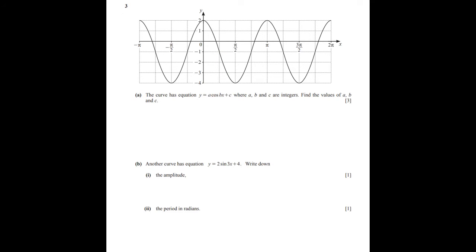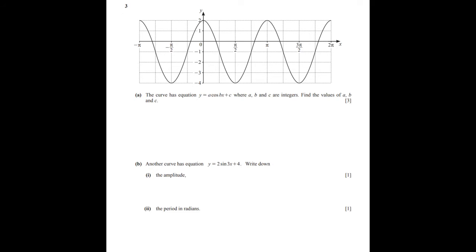Okay, onward to number 3, where we'll do some trigonometry. The curve has equation y equals a cosine bx plus c, where a, b, and c are integers. Find the values of a, b, and c.